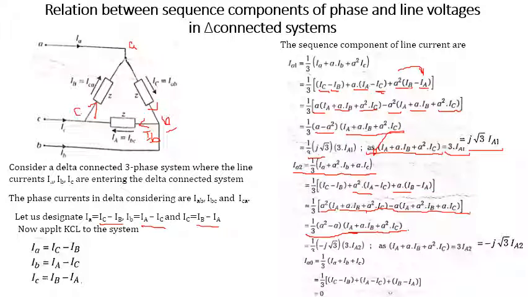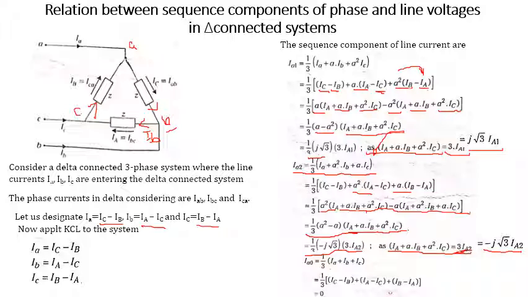The final equation you will get is 1 by 3 times of minus j root 3 into 3 into IA2. Why? Because IA plus A into IB plus A square and IC can be written as 3 times of IA2. Finally you will get minus j root 3 times of IA2.